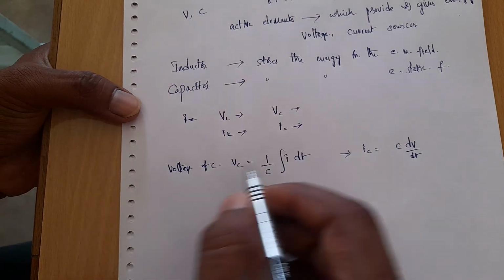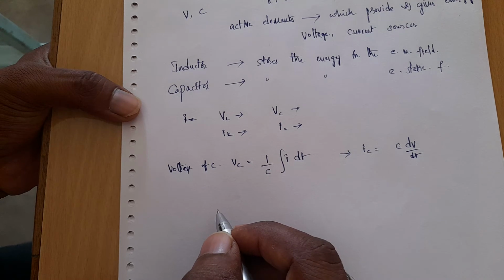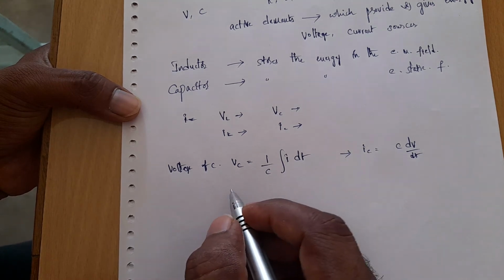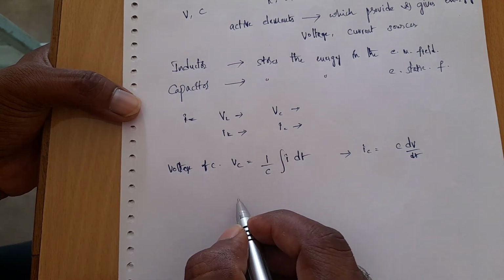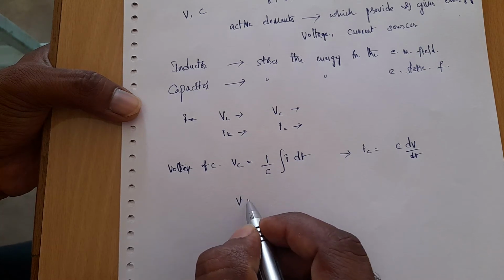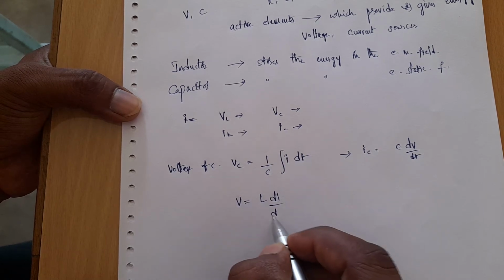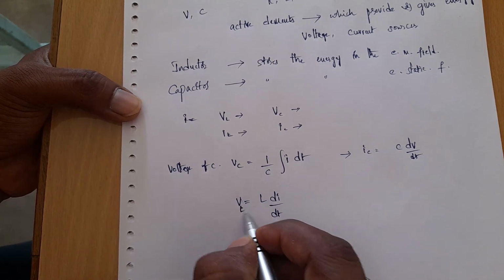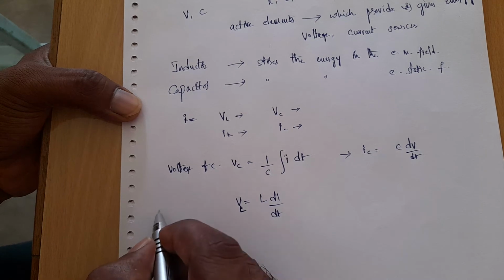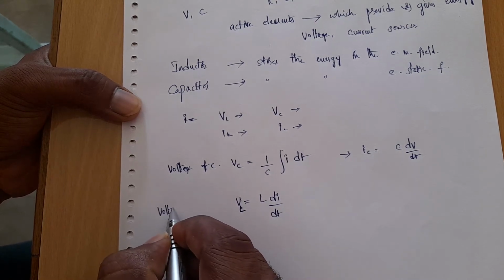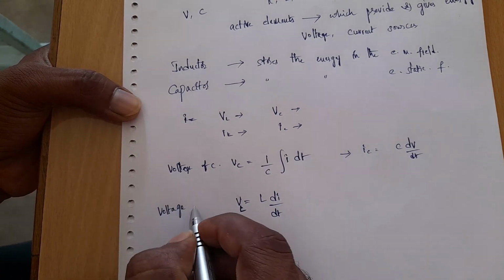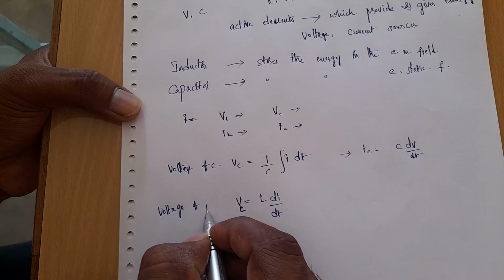As well as if you want to write down the equation for the inductor, V is equal to L into di by dt. This is the voltage across the inductor.